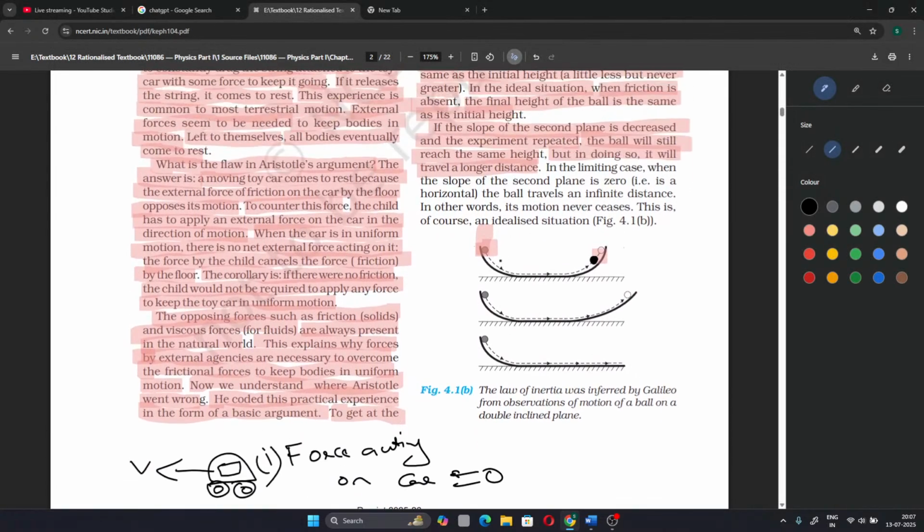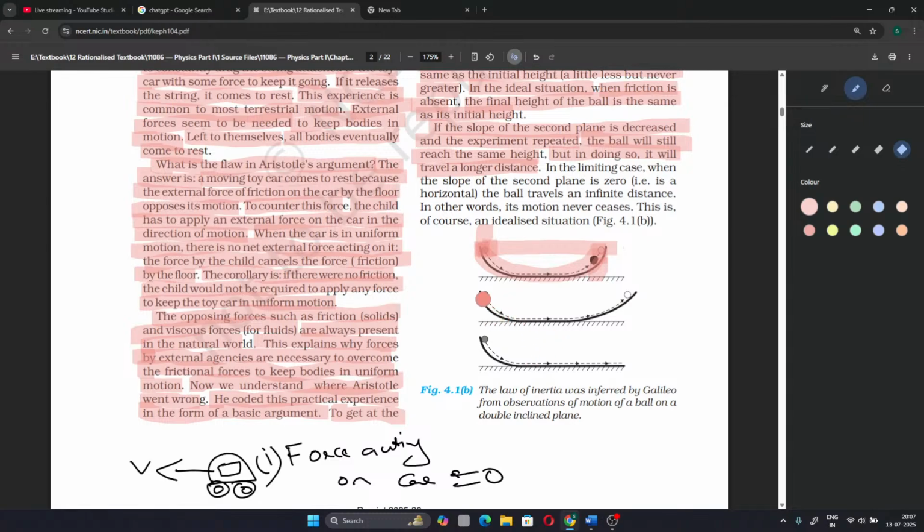Basically, this is the slope here. Let's use the highlighter. This is the experiment. From the previous chapter, we know how to calculate the slope of any kind of plane: we take a tangent. The slope here will be equal to the slope on the left hand side as well, so the same height is reached.